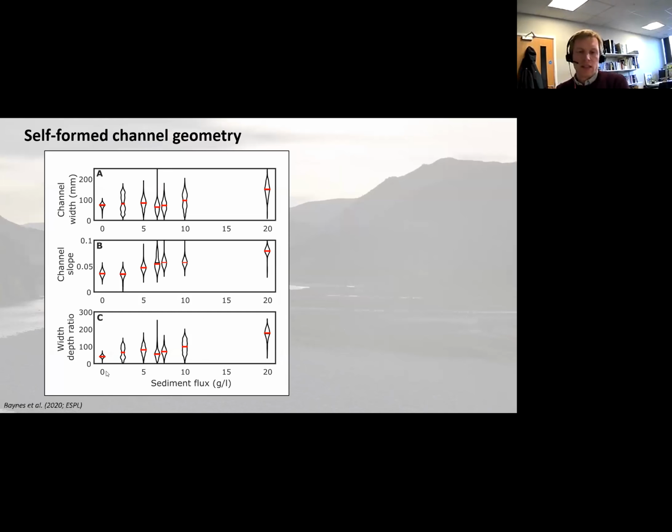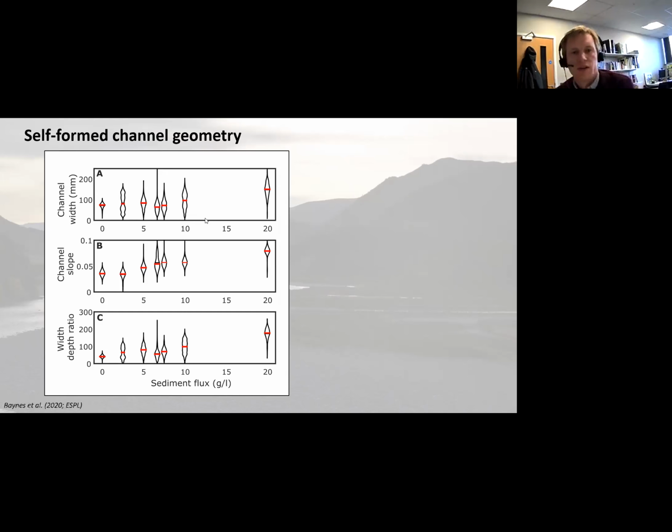So what we have here is the extracted channel width and the slope, and then the calculated width-depth ratio based on the model output under the different sediment supplies for basically all of the DEMs that we extracted after that initial channelization phase when the nick point's moving up. So after that, the channel is basically just settling down and adjusting to the constant conditions of the sediment supply and the water discharge.